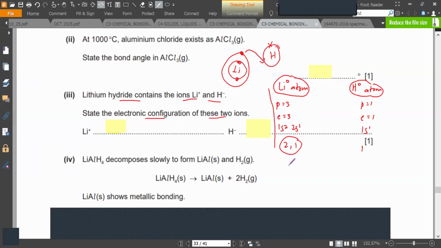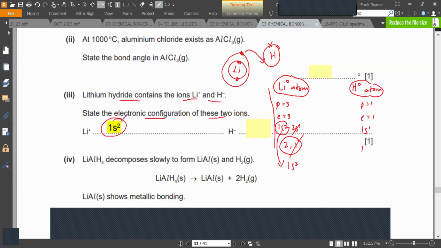So in the end, the final electron configuration is just 1s2. It lost this electron there.